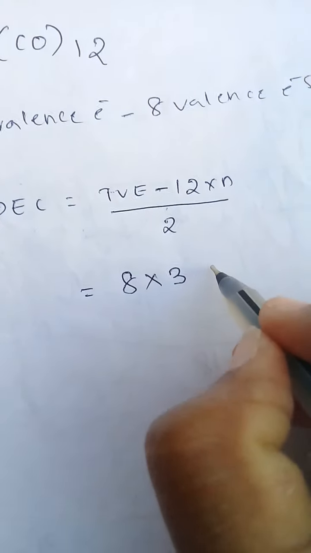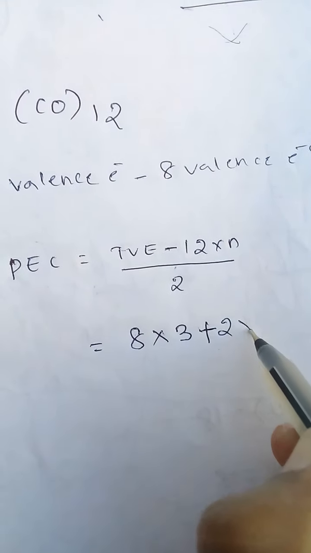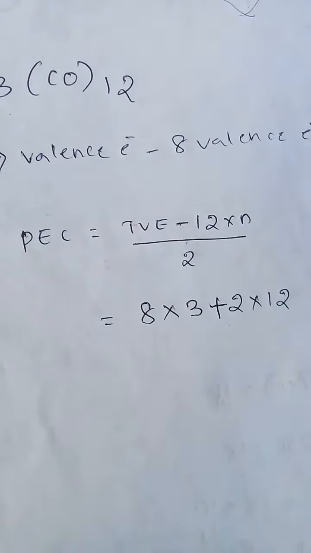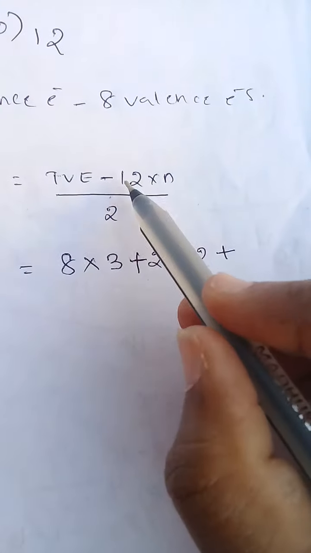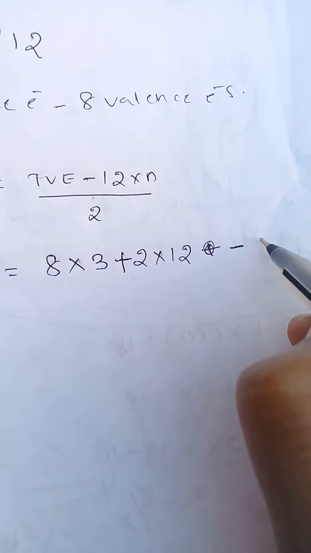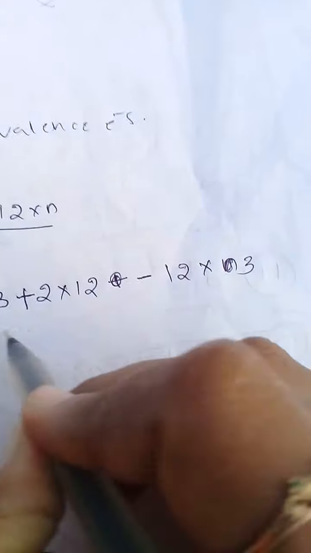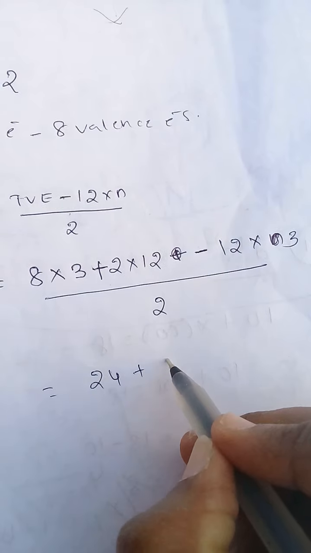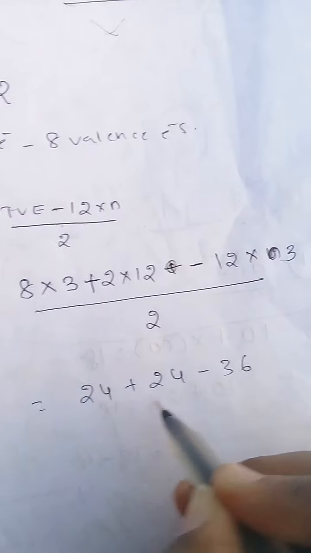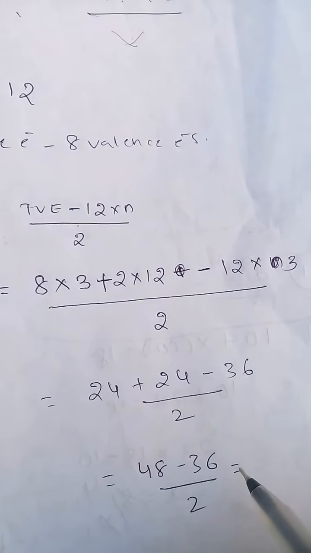So 8 into 3, plus each carbonyl donates 2 electrons, so 2 into 12, minus 12 into n. n means the number of metal atoms, which is 3. So 3 by 2. 24 plus 24 minus 36, by 2. 48 minus 36, by 2.